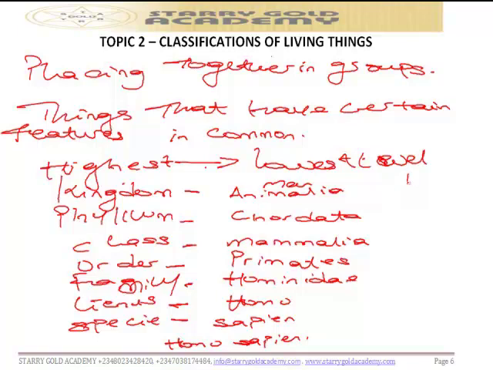Let's do that of lion also. Lion belongs to the kingdom Animalia also, just like man, they belong to the same kingdom. And the phylum Chordata, alright? They are both chordates. And they are also both mammals.